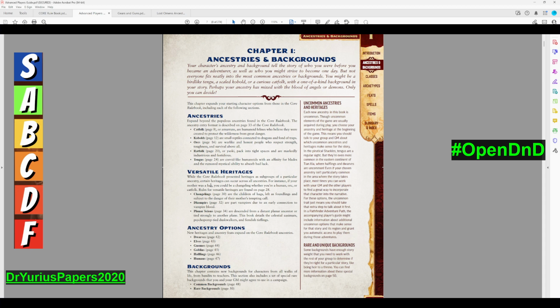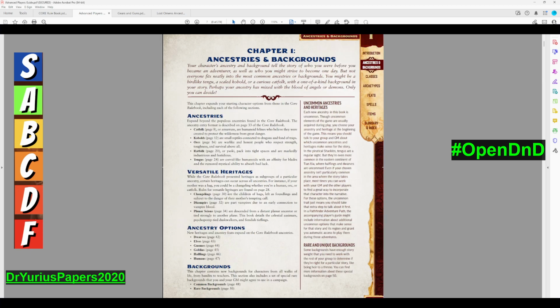So you'd pick that human, and then you'd pick changeling. There's planar scions. They're descended from distant planar ancestors. So they detail here Celestra, Aasimars, Psychopomp, Duskwalkers, and Fiendish Tiefling. So Tiefling is actually one of these versatile heritages.